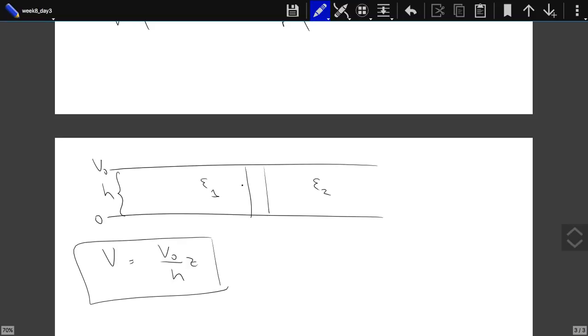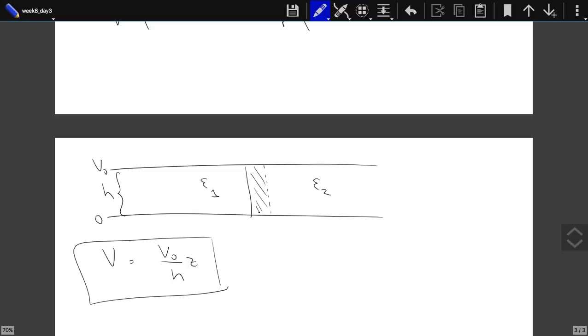On one hand, we said that, okay, nothing changes in the system, so the energy should be the same. But on the other hand, now we have this region over here. Before it had the dielectric constant epsilon 1, now it has this dielectric constant epsilon 2, before it had epsilon 2, now it has epsilon 1.